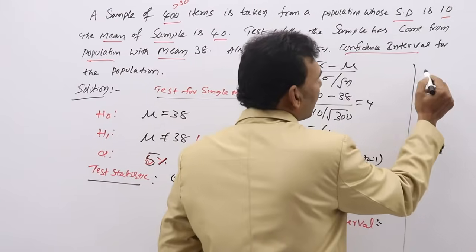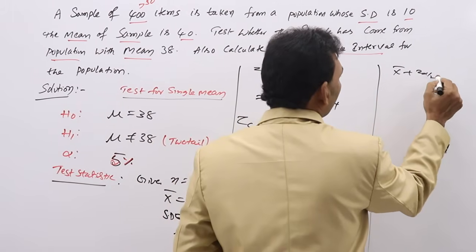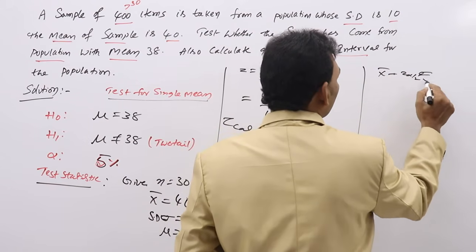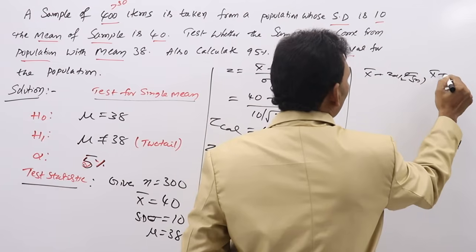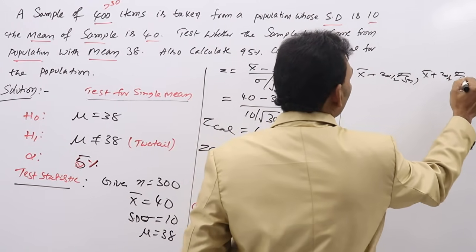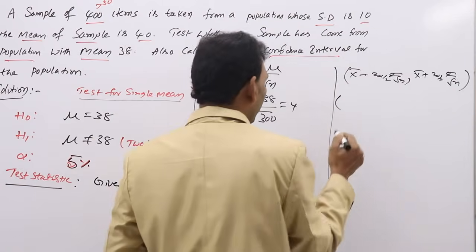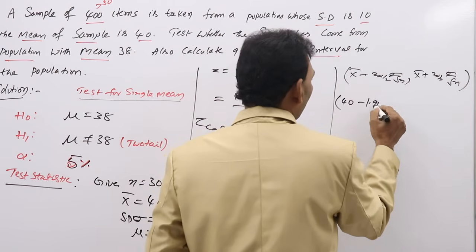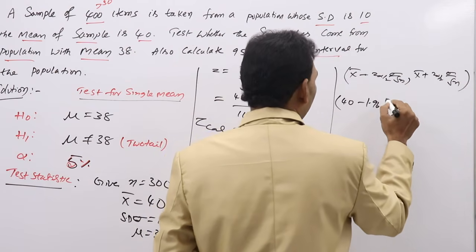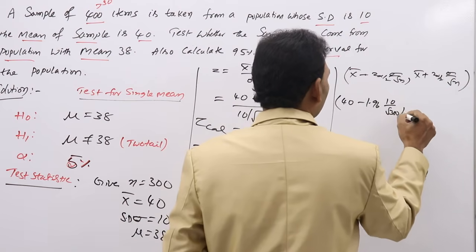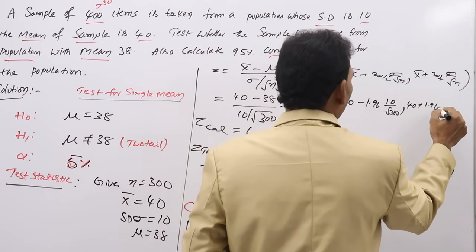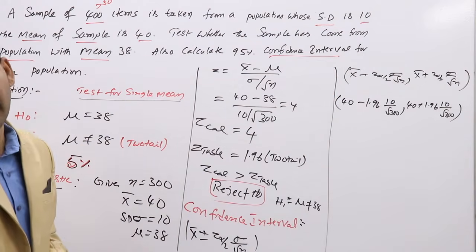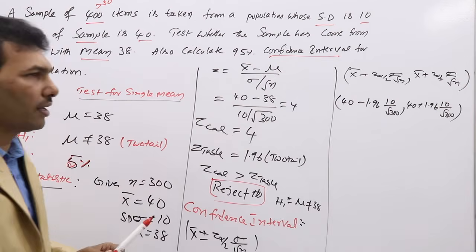That means x bar minus z alpha by 2 into sigma by root n, and x bar plus z alpha by 2 into sigma by root n. We know x bar is 40, z alpha by 2 is 1.96, sigma is 10 by root 300. Use your calculator to get the confidence interval.